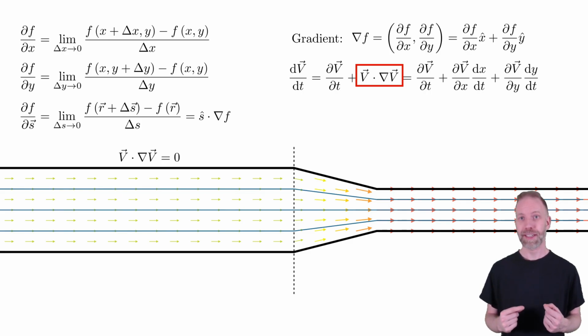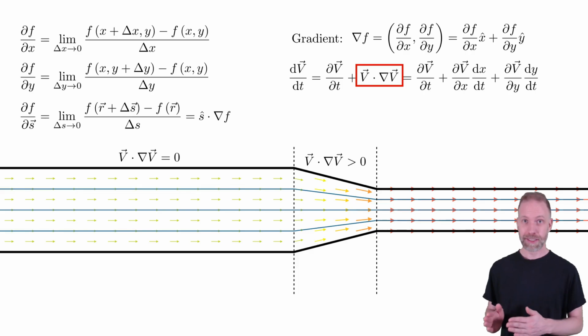This means that the gradient of v is 0, hence the convective acceleration term is 0. In the contraction, we see that the particles passing through it will accelerate as the flow velocity increases with the x-coordinate. Hence, this term should be positive. Finally, at the narrow part, the flow velocity is constant again. Hence, no gradient and acceleration is 0.